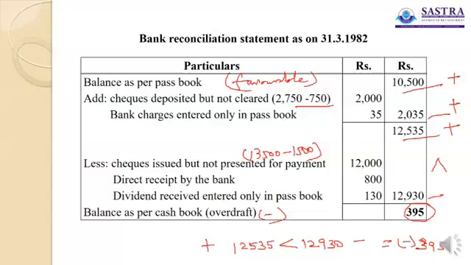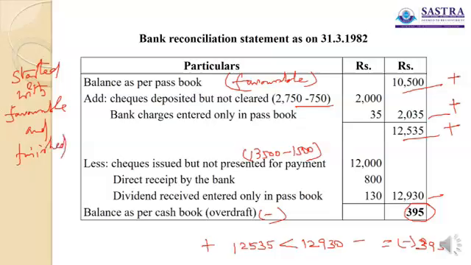So with this, what we need to understand is that the balance as per passbook, favorable, started and ended with the balance as per cash book, unfavorable. So started with favorable and finished with unfavorable.